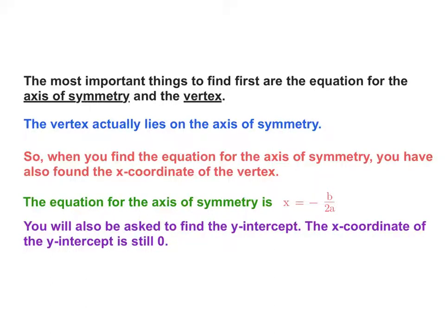Think back to the beginning of this lesson, when I showed you what standard form was: f of x, or y, equals ax squared plus bx plus c. So if x equals 0 to find the y-intercept, what's the y-intercept? If I plug 0 into that equation, what will I get?